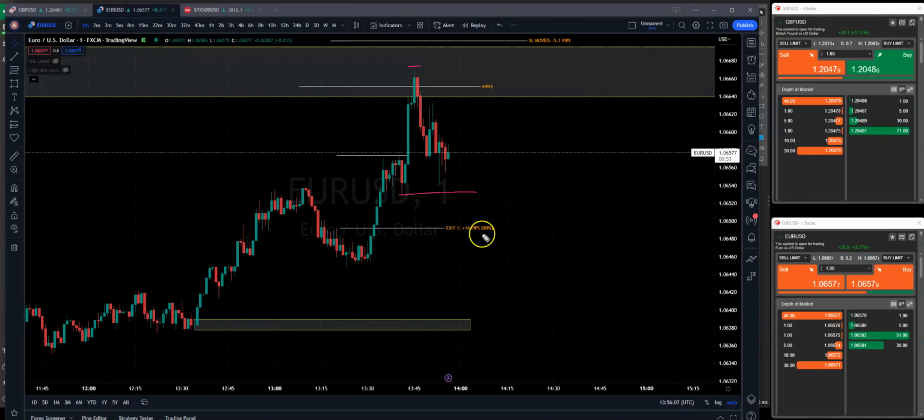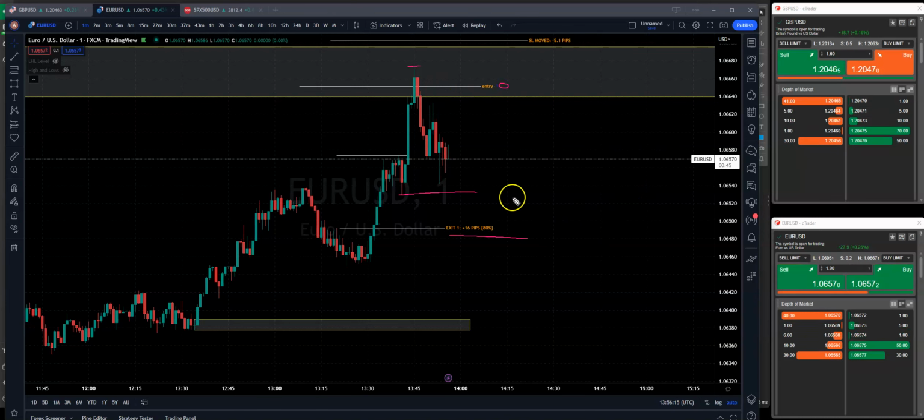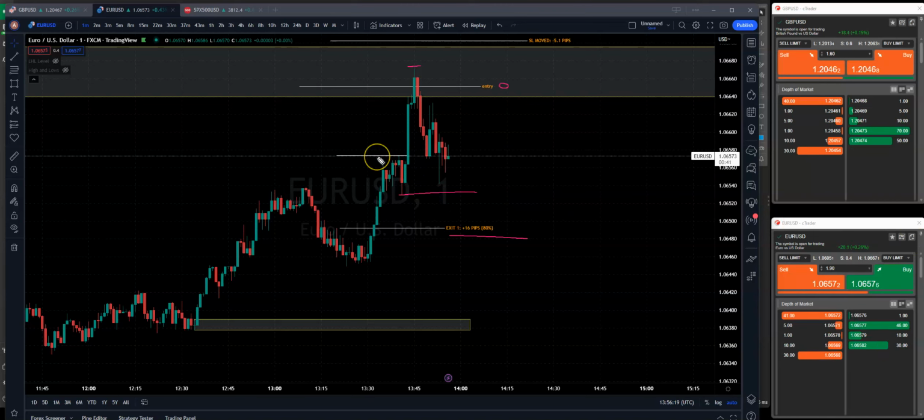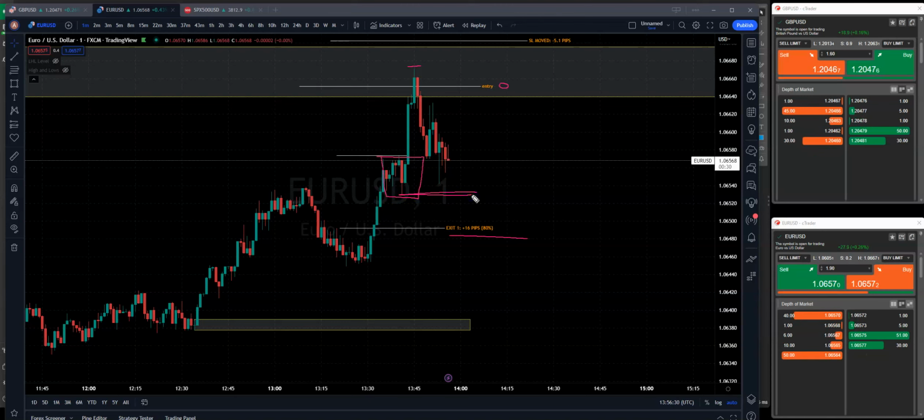And if it hits our first exit, then I think I'll just move my stop to break even here, and we'll see what happens, because I think currently the major part of the momentum is being held by this little fractal. So to me, if the price takes this low, it's very important right now for this trade.